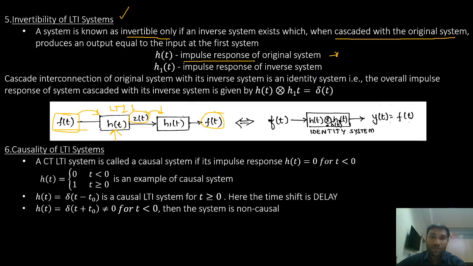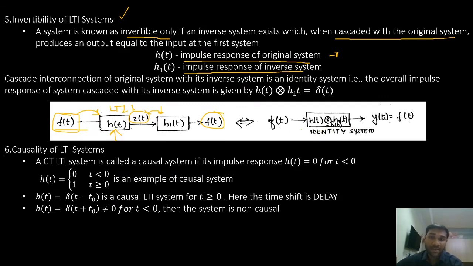If the impulse response of the original system is cascaded with the impulse response of the inverse system, these two cascaded can be replaced by convolution, h of t convolved with h1 of t. This is nothing but your identity system.